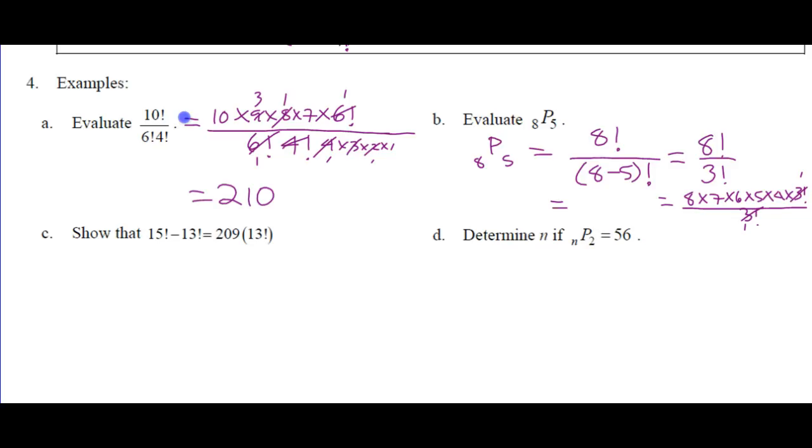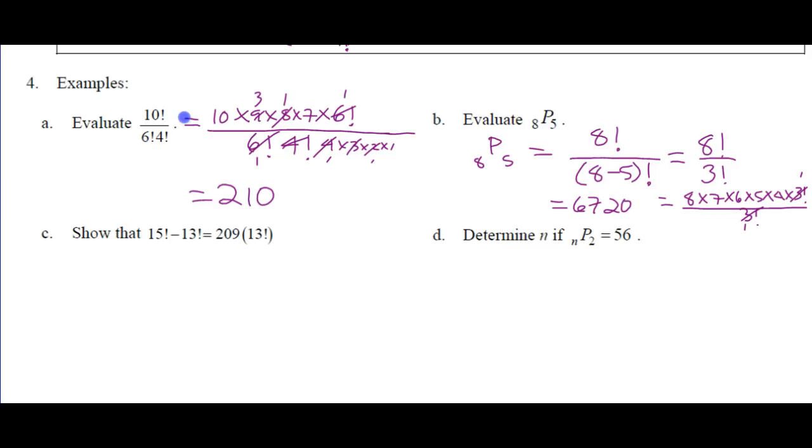And that's equal to 6,720. Depending on your calculator, you might see 8 nPr 5. That's what Sam sees. And if you have the newer firmware, you'll see a little 8, and then the P, and then you put in the 5, and you hit enter, and you get 6720.